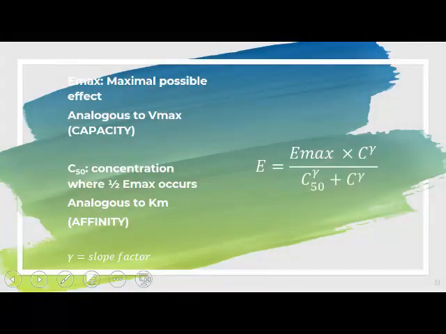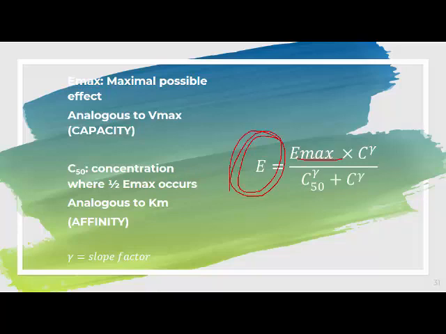The things that determine pharmacodynamics are in this model of our effect being determined by Emax times concentration all over C50 plus concentration. This should start to look very familiar. Again, it's Michaelis-Menten, isn't it?